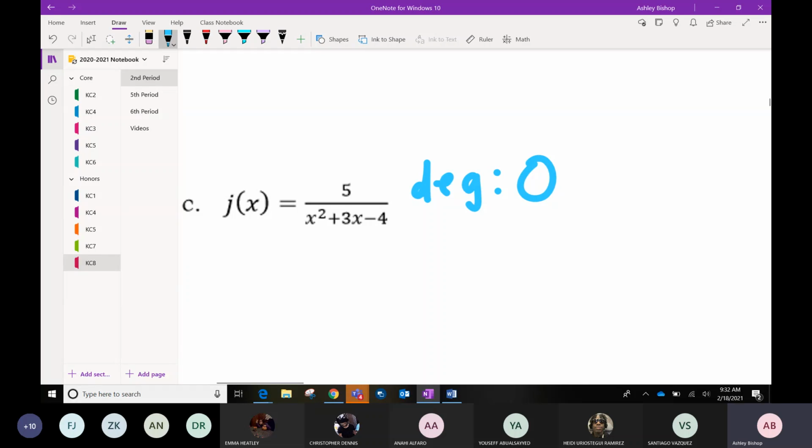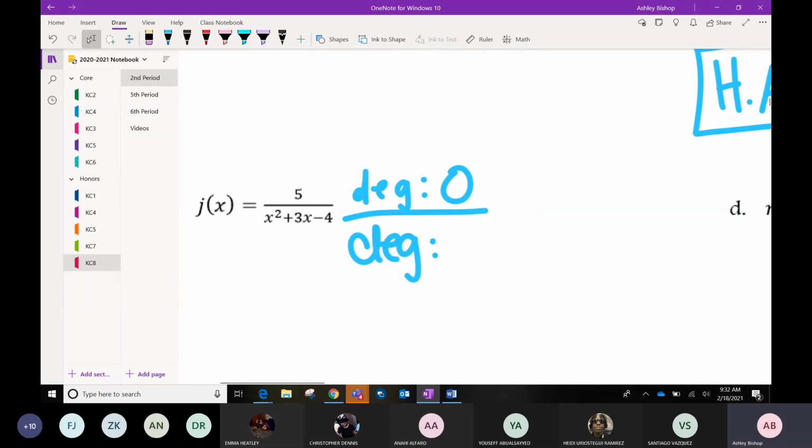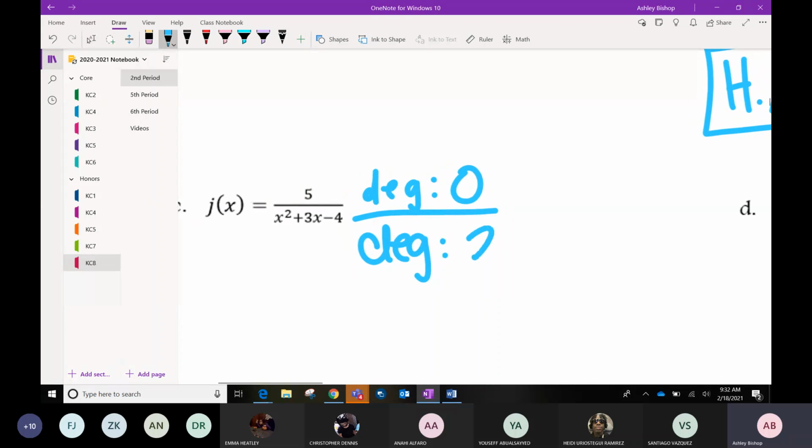There's no x on top of this fraction. Okay. What's the degree on bottom? You take the biggest degree you see. What's the degree on the bottom? Two. Thank you. I'm quiet today.